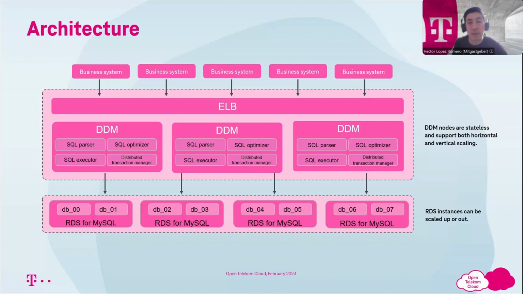In this case, DDM supports only two sharding strategies. One is range-based sharding. Range-based sharding is more suited to e-commerce solutions, and the other one, hash sharding, will fit, for example, banking. So both solutions, of course, have a different approach.